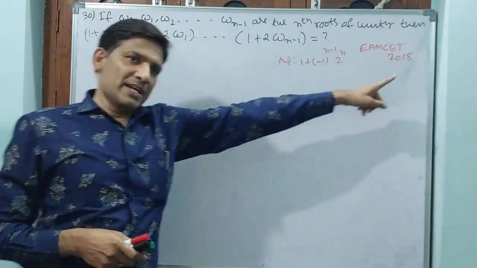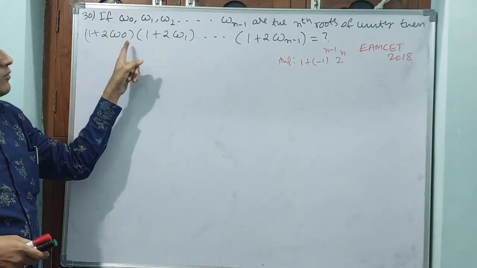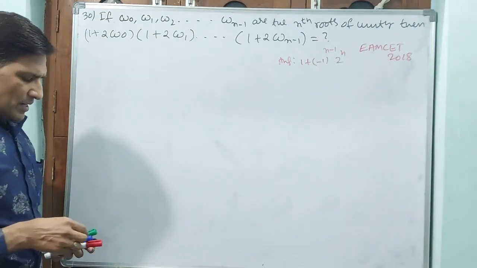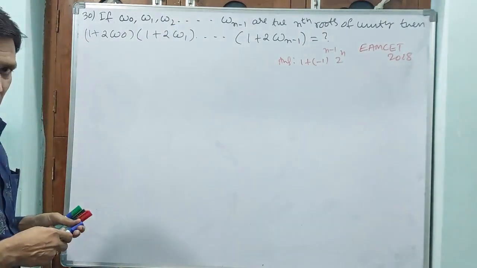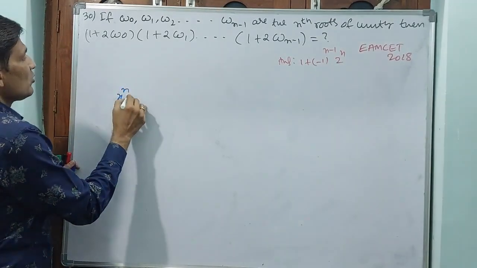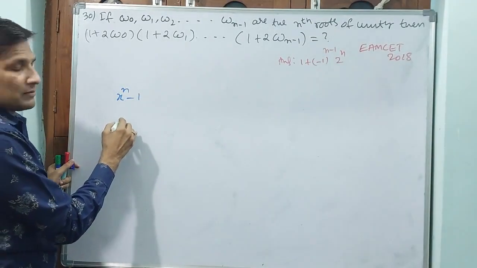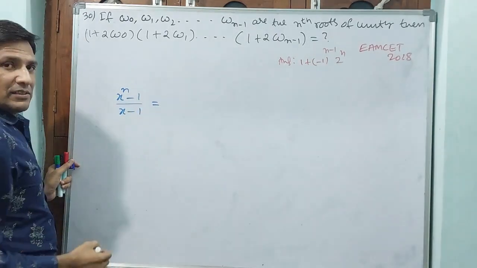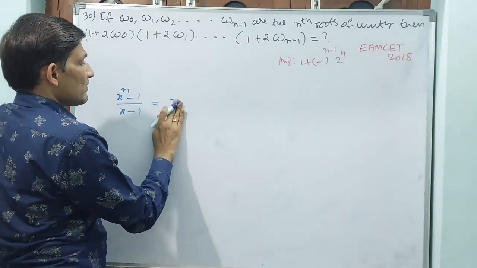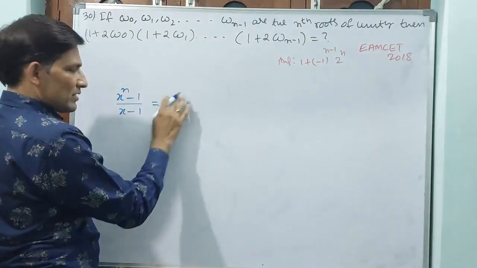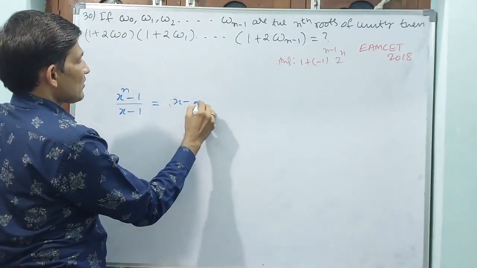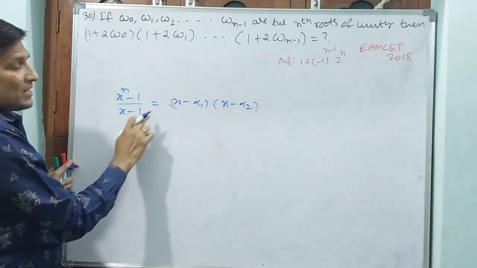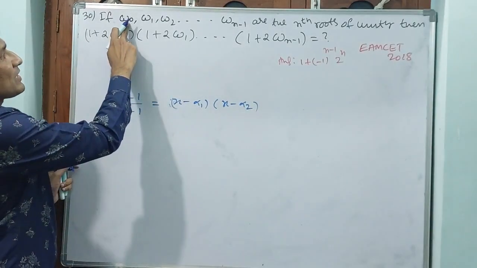Nth roots of unity, okay. Then 1 plus 2 omega 0, 1 plus 2 omega 1 up to 1 plus 2 omega n minus 1, the value is how much, they are asking. See, if you observe in the last question, what we have done? X to the power of n minus 1 by x minus 1 is equal to, first of all, x minus 1 will come this side, and x minus alpha 1, x minus alpha 2. Why? Because this x minus 1 will go here. This is the first term we have taken, but here the first term omega 0 is there.